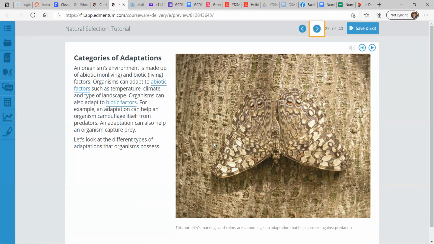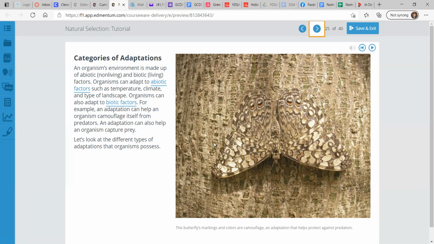An organism's environment is made up of abiotic, that means non-living, and biotic, and that means living. So biology, think of living things. Abiotic means not living things. And organisms can adapt to abiotic factors. Abiotic are non-living things like temperature, climate, and types of landscape.